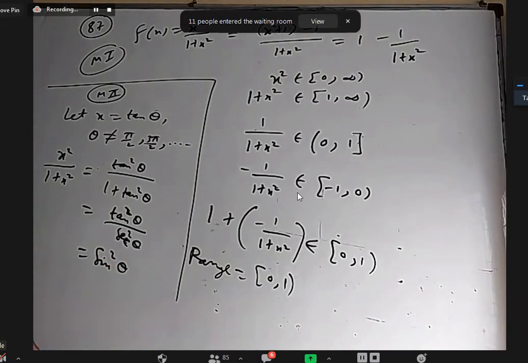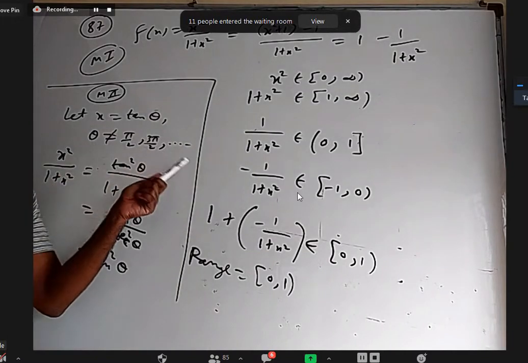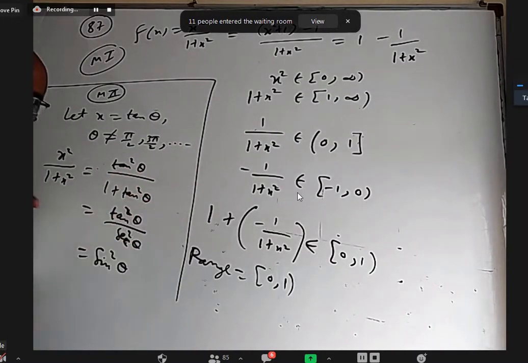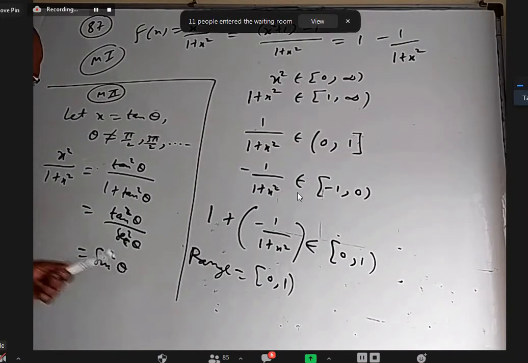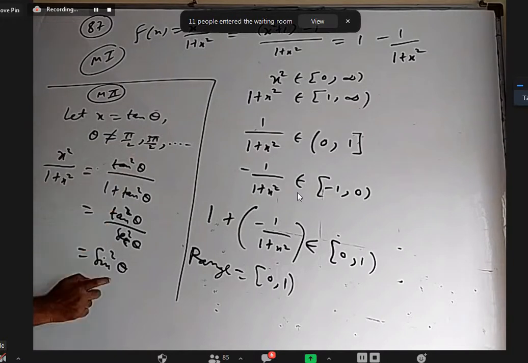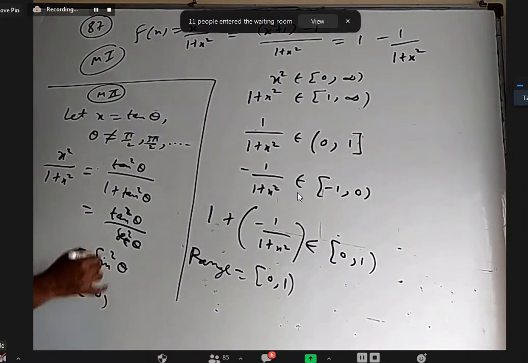Normally, what is the range of sine square theta alone? Closed 0 to closed 1. But here 1 is open because theta cannot be 90, 270 and all that. And sine theta will attain 1 only at exactly the odd multiples of 90. So because these angles are not there, here also that 1 will not be there. So it will be closed 0 to, instead of closed 1, open.